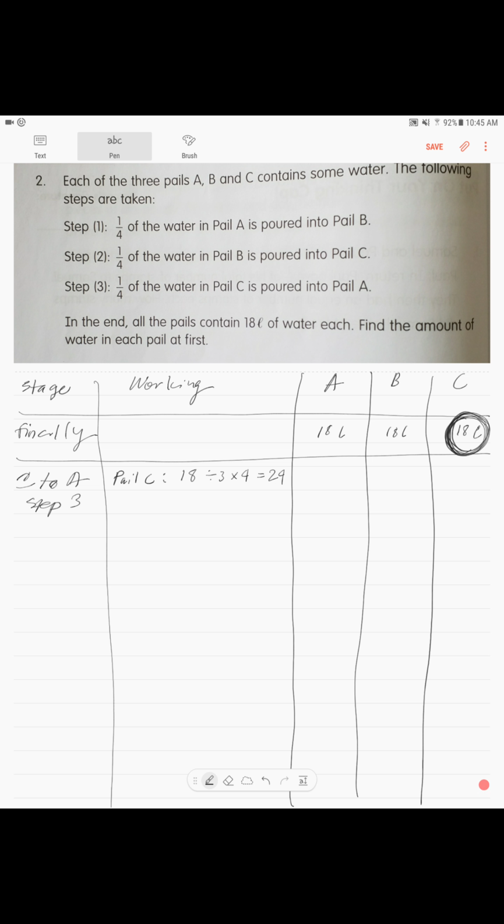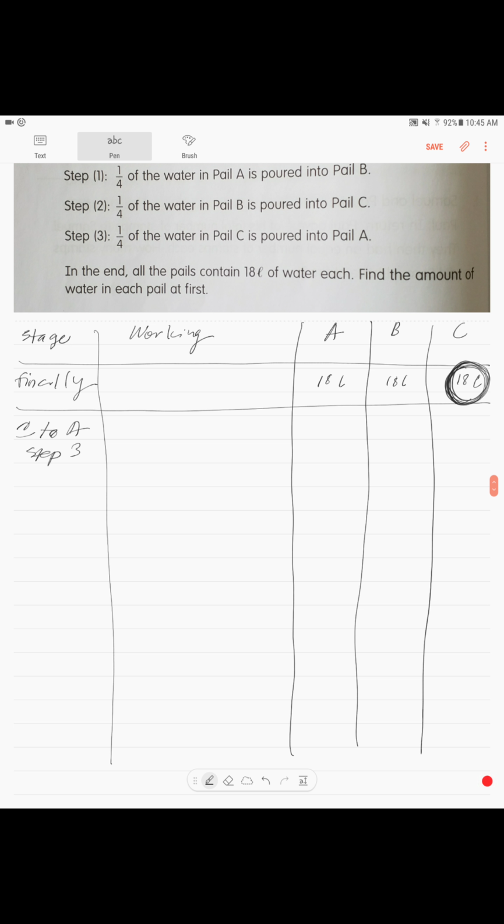So we just returned. So, okay, maybe if that's confusing, we can do it as a fraction. So let me explain it again. Right now pail C is 18 liters, in the final stage, as we discussed.